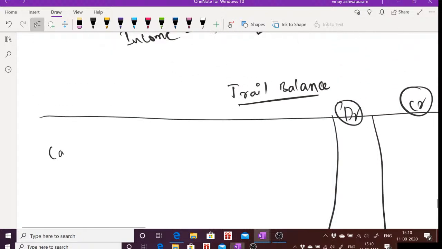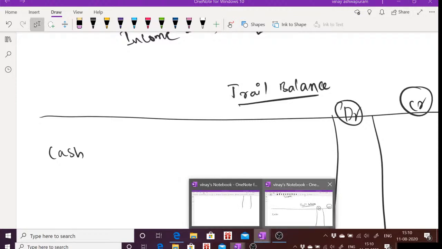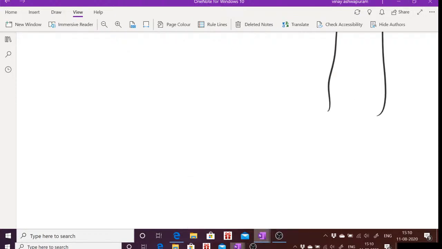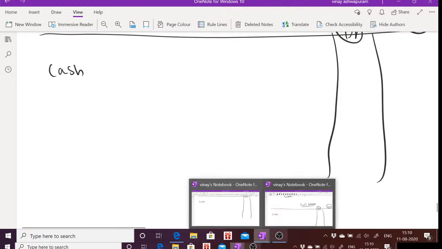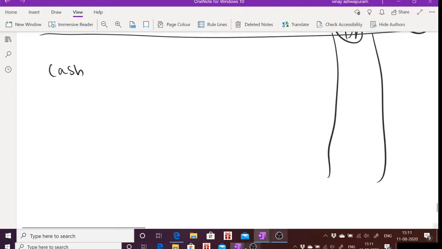So I will write cash. So what is the amount of the cash?